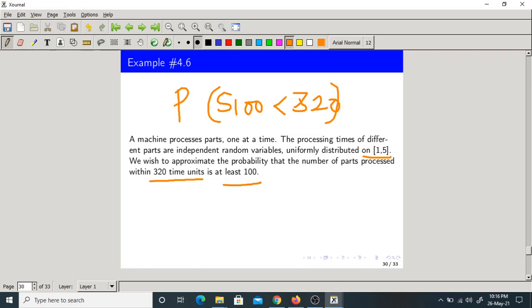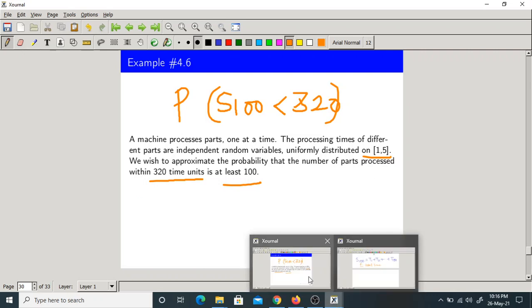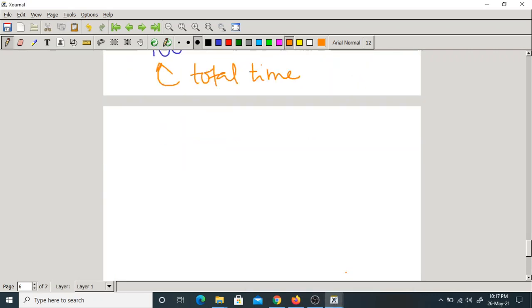So the total processing time of 100 parts should be less than or equal to 320 units. I hope you are getting my point.